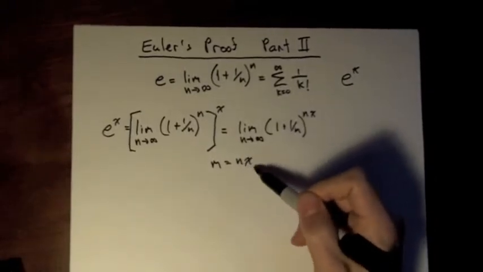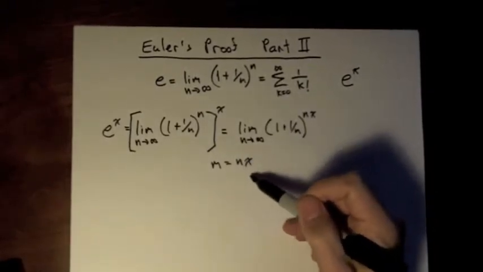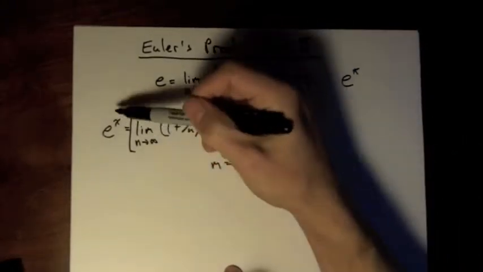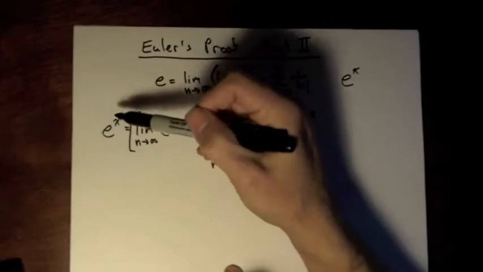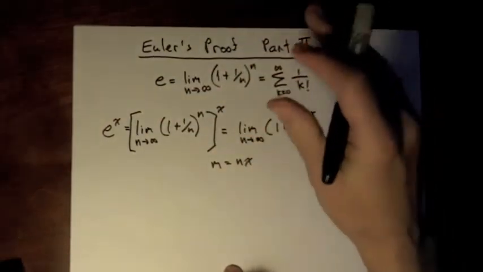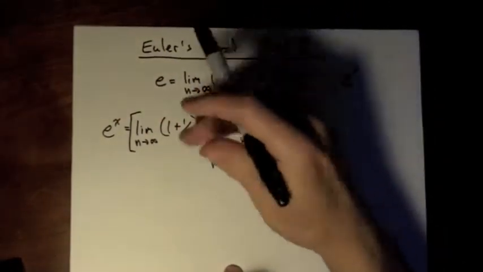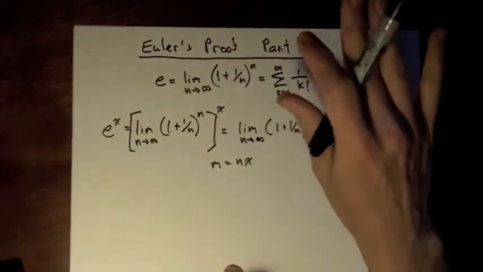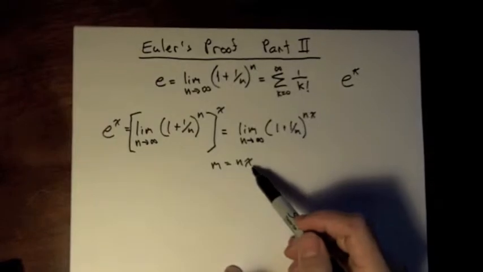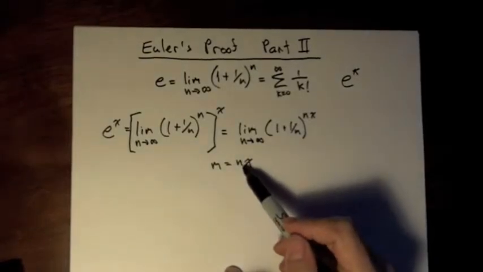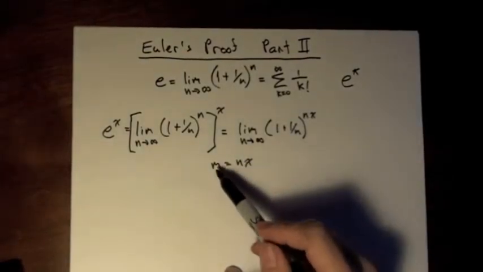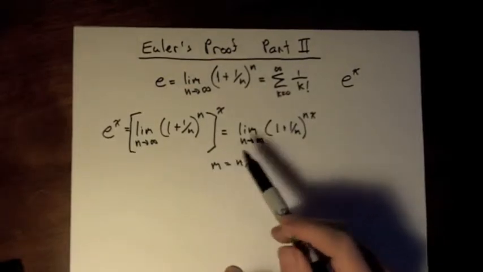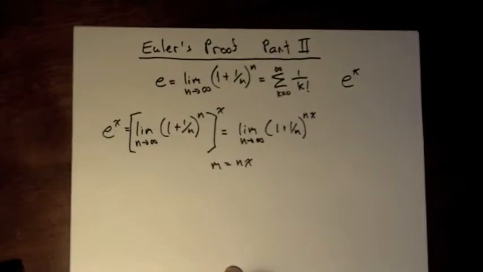Now, we're accustomed to thinking of x as a variable, but don't think of x as a variable in this case, because x is just some value that we're going to put up here in the exponent. Maybe it's e squared. Maybe it's e to the pi. But whatever it is, it's not going to change. All right? Think of x as fixed. It's a number. And when we take that number and multiply it by something that's going to infinity, it's going to go towards infinity. So if n is going towards infinity, m is going towards infinity also. Okay?